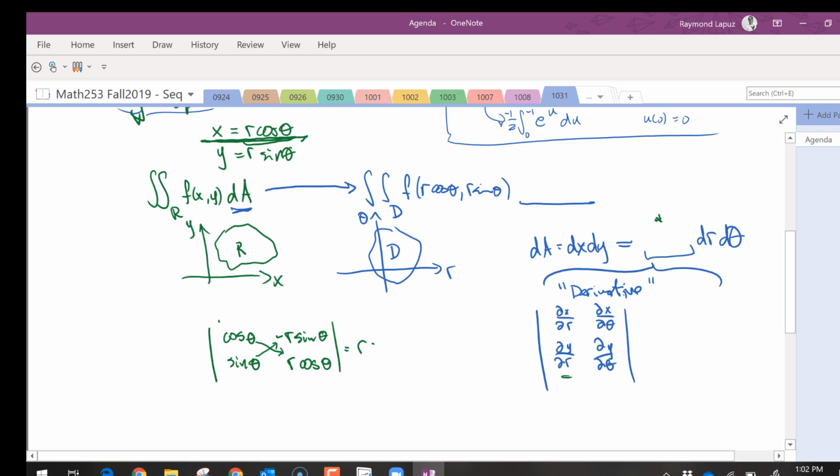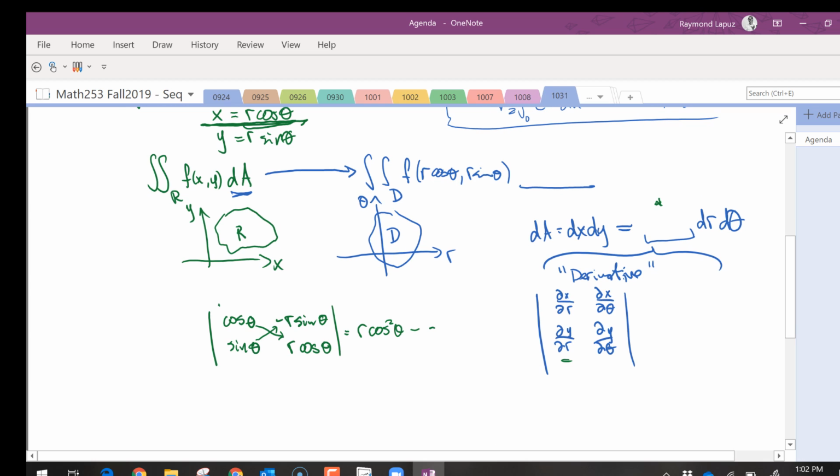We have r cosine theta times cosine theta minus negative r sine theta times sine theta, right? So factor out the r, sine squared plus cosine squared is 1, and there is your Jacobian, r.